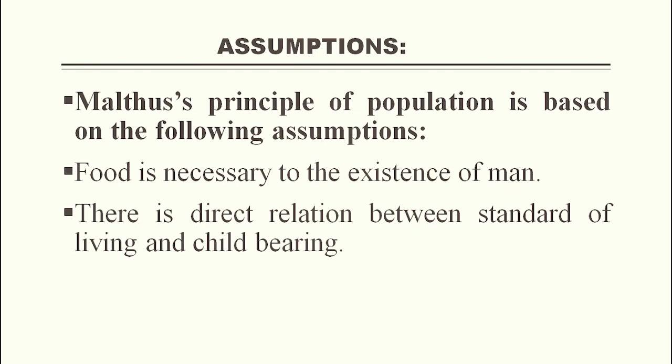We all know that food is very necessary for the existence of man. The second assumption is that there is a direct relationship between standard of living and childbearing. So these two are the basic assumptions of the Malthus theory of population.